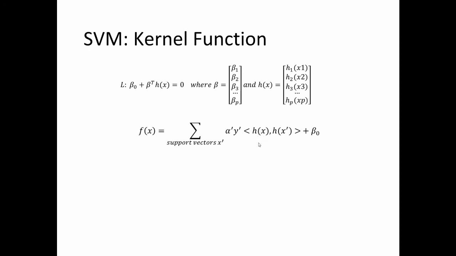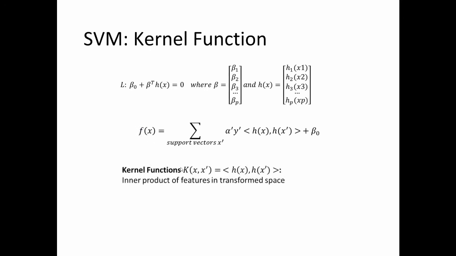And if you still recall, these angular brackets here are actually the dot product of h(x) and h(x prime), which is a support vector. So it's the dot product that defines this new decision boundary. And hence, we can just define this dot product as the kernel function. Basically, it is the inner product of the features in transformed space.